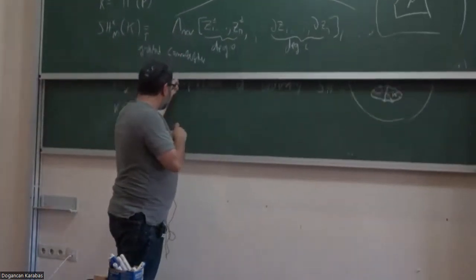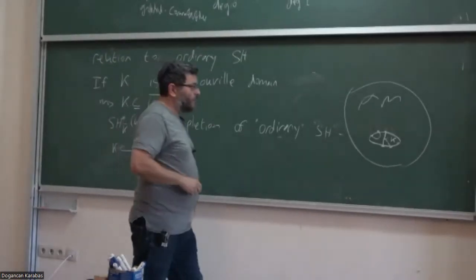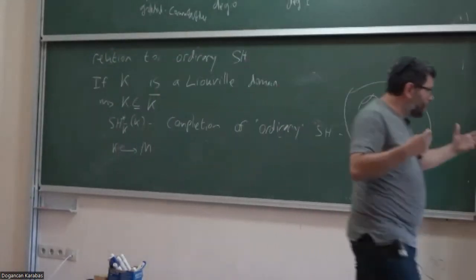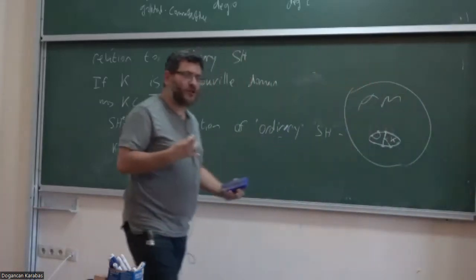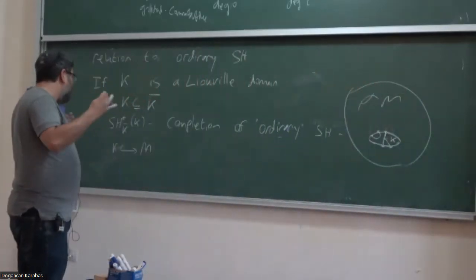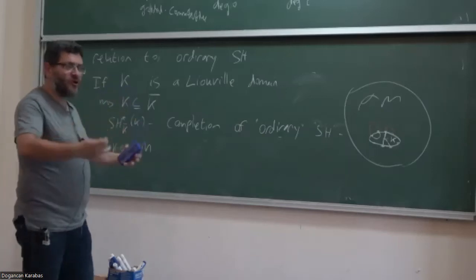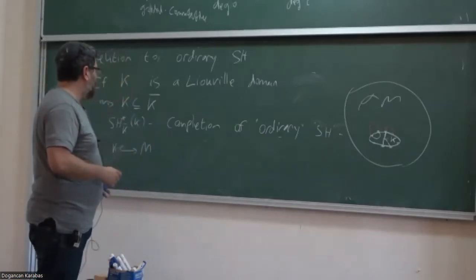First of all, people who are familiar with symplectic homology know about a categorical interpretation of symplectic homology, in abstract terms, in terms of Hochschild cohomology of the Fukaya category.